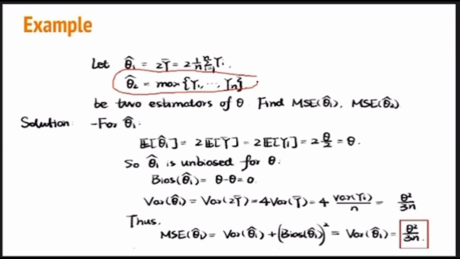Okay, now we want to focus on the second estimator, theta cap 2, which is a maximum. We normally assume we go into the population several times, let's say 1,000 times.